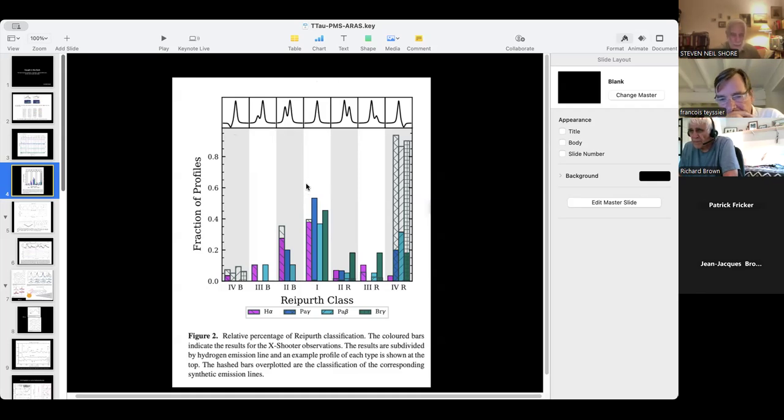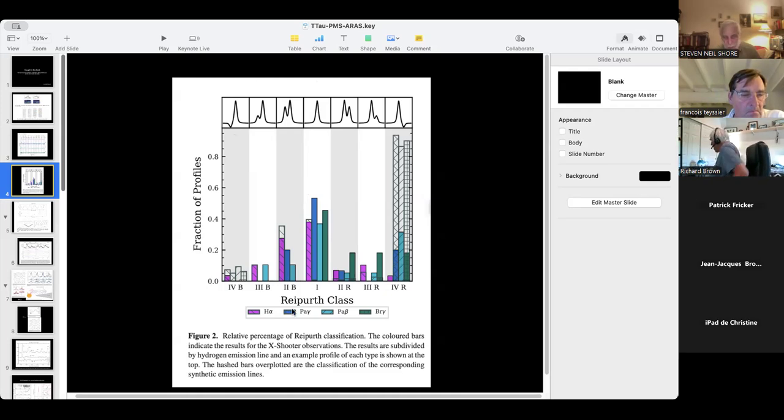And this is roughly the percentage of a class of T-Tauri objects based on the Paschen and the Balmer lines, just showing the relative proportion in these different types. And the key thing is which lines are showing which kind of profile is shown by the color. So what this is dominated by is infrared measurements. So the Brackett gamma, the Paschen alpha and beta and gamma.